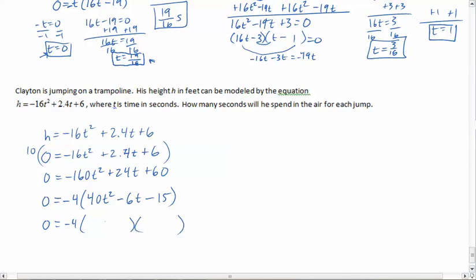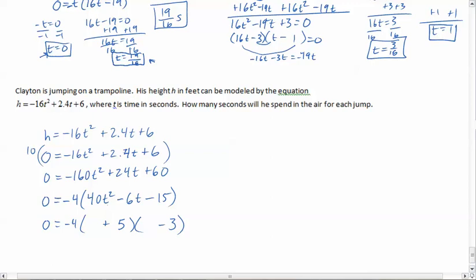So it's a negative, so it's got to be a plus and a minus. 40t squared means it's going to have to be either a 40 and a 1, or a 20 and a 2, or a 10 and a 4, or maybe an 8 and a 5. Maybe let me look at the 15 first. So it's probably going to have to be, let's maybe try a 5 and a 3. I like to keep away from 1 and 15 unless I have to.